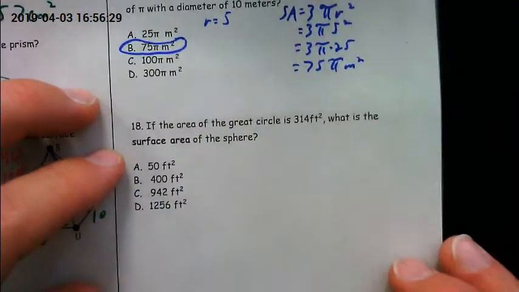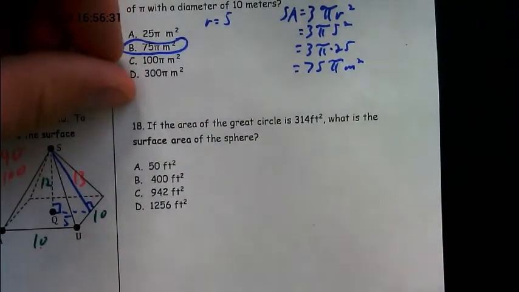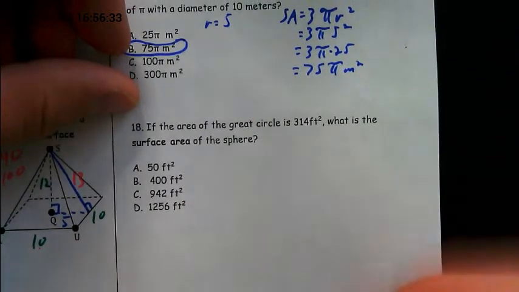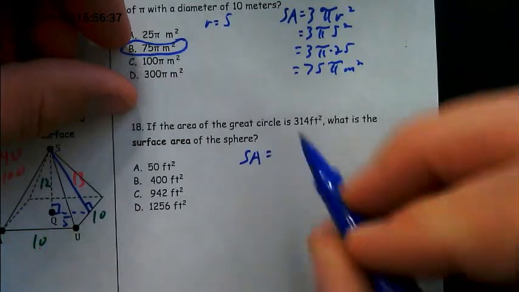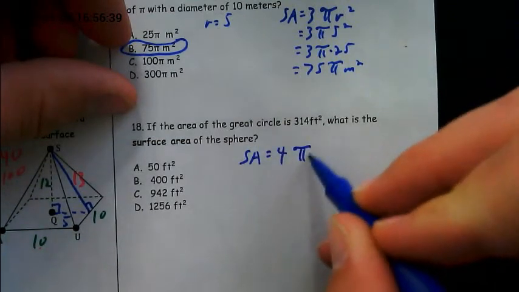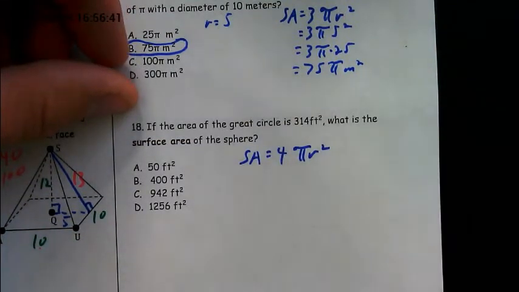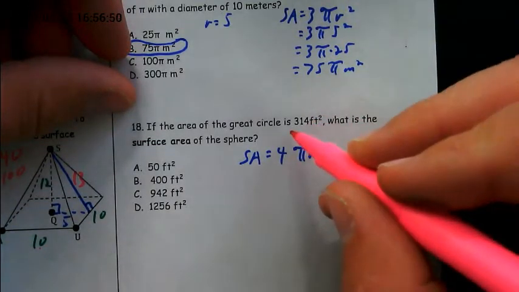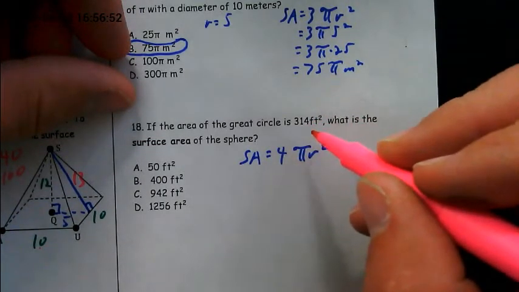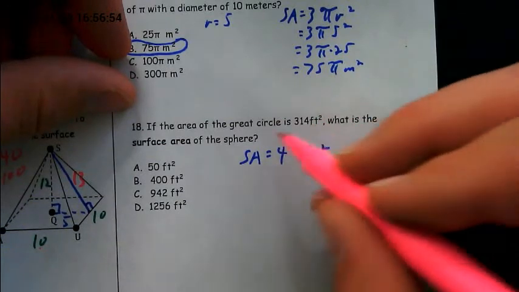Now, on 18. 18 is actually a really easy question. We have surface area of a sphere, which is 4 pi r squared. But what did they give us to plug in? 314. They gave us this. 314, that's what? That's pi r squared, our area of a circle.